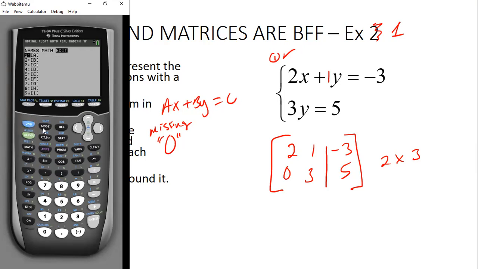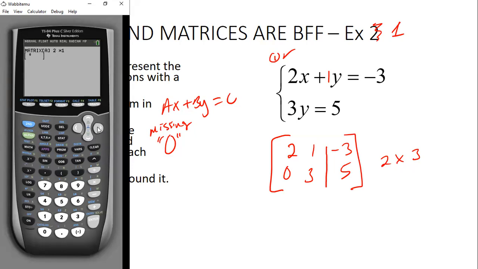Okay, so repeating what just happened. I open my matrix window, second, x to the -1, and I arrow 2 times to the right to get to edit. Once I'm at edit, I'm gonna open my A matrix. So I'm gonna press A, press 1 to get there. I'm gonna put in my dimensions. What are my dimensions? 2 by 3.